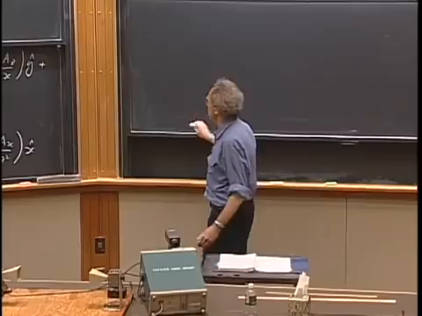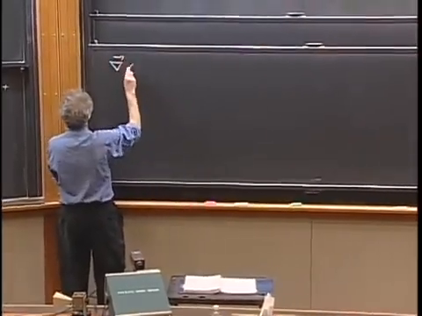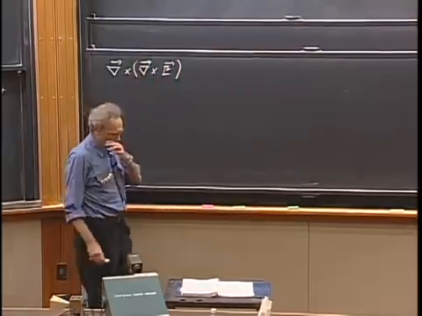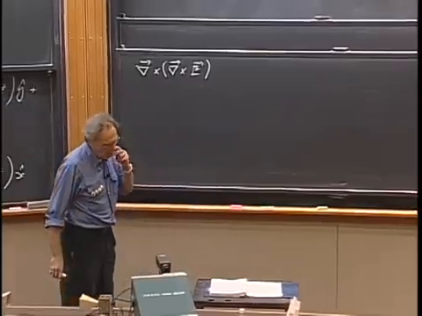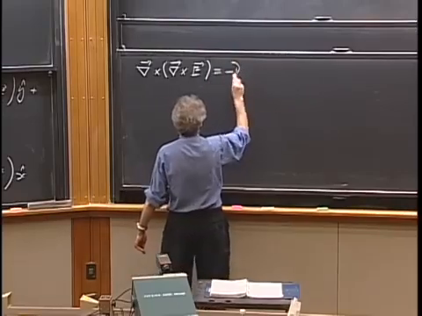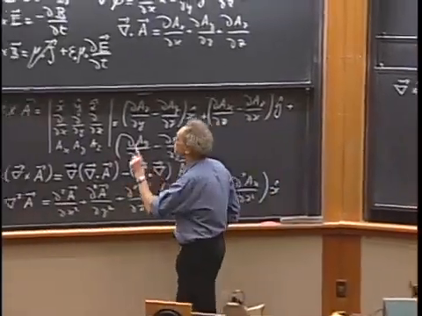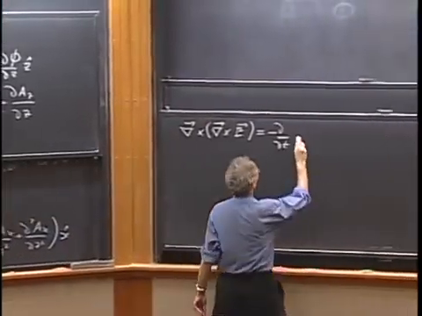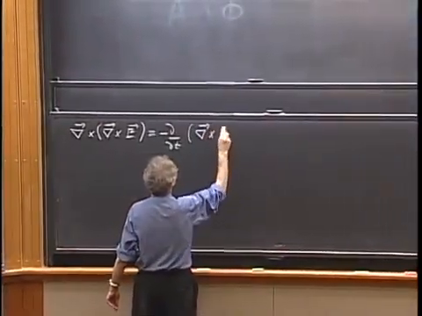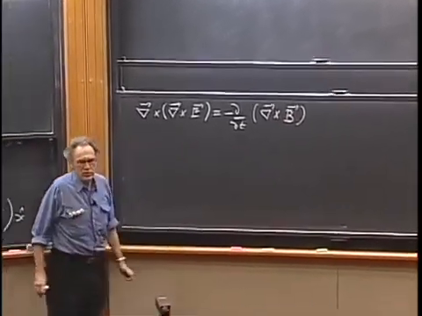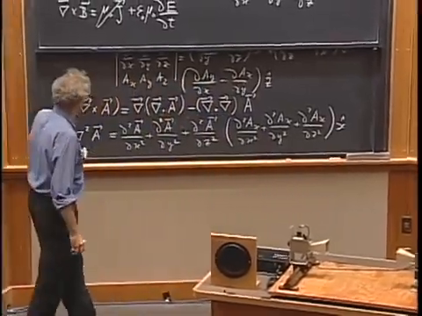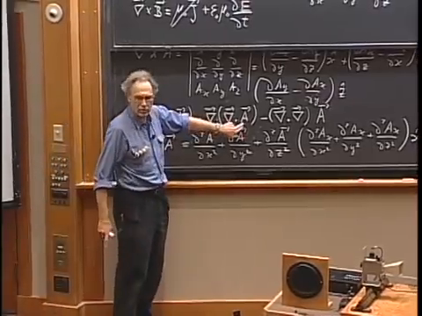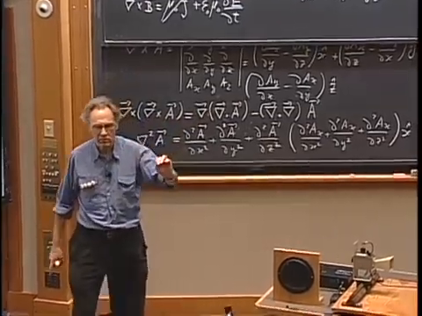So what I'm going to do now, I'm going to take the curl of the curl of E, and I know that the curl of E is minus dB/dt, and so that is minus d/dt times the curl of B. Now I use the only identity that we should remember, that the curl of the curl of A is the gradient of the divergence of A minus the Laplacian operator on the vector A. But the divergence of E is 0 in empty space.